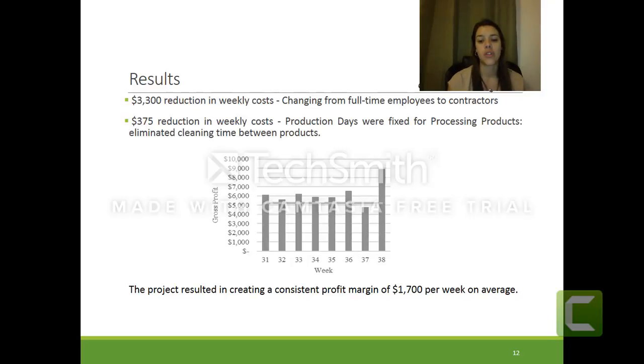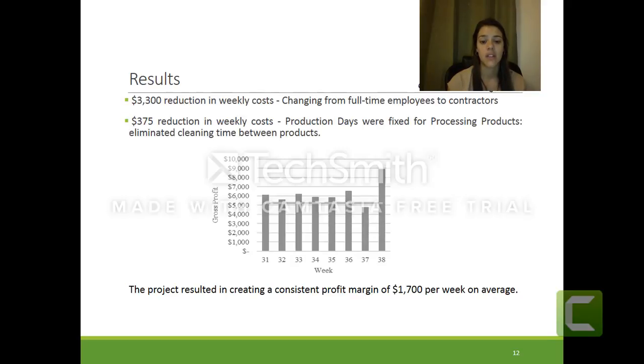The project resulted in an overall margin of $1,700 per week on average. So with this elimination of our excess costs, we were able to create consistent earnings through the next weeks.